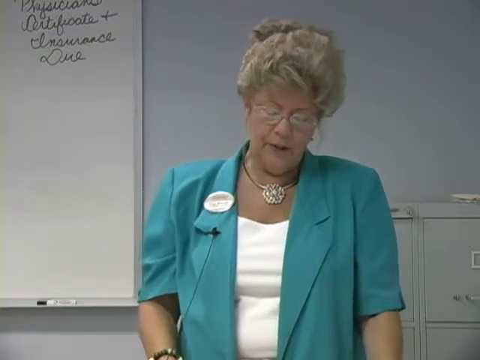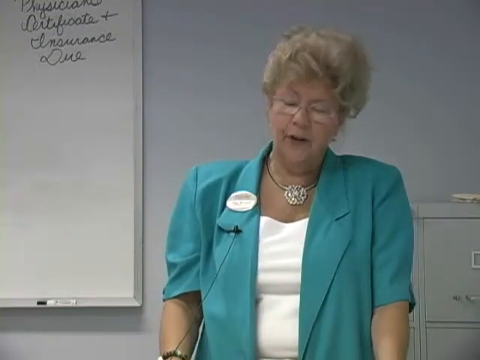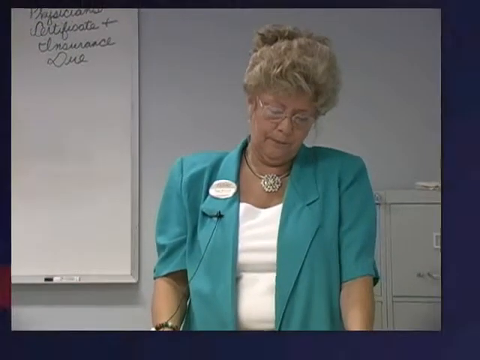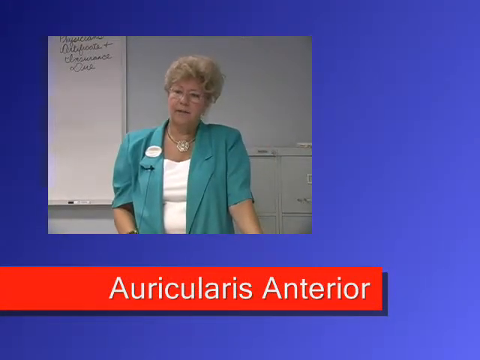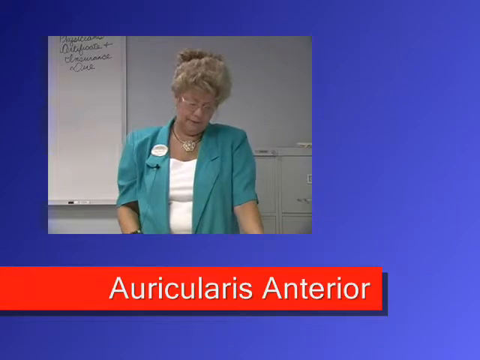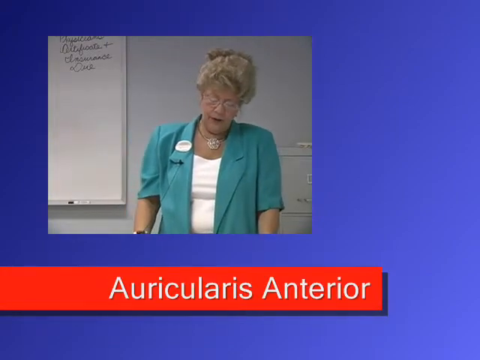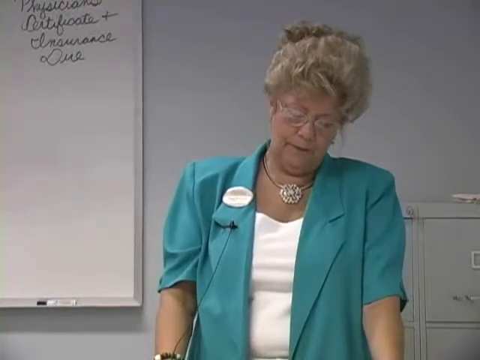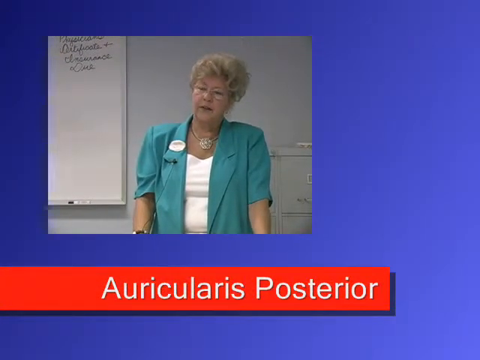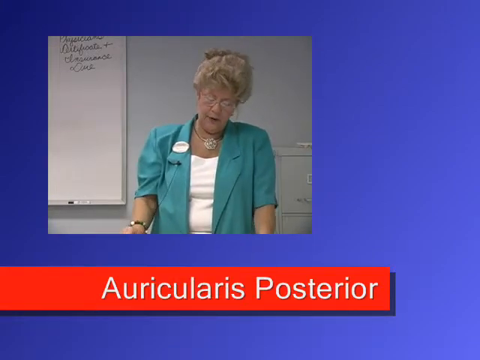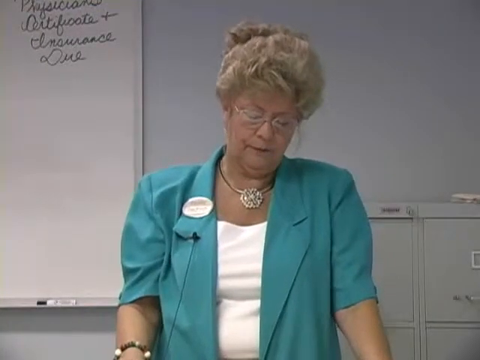So Auricularis Superior is a muscle above the ear that draws the ear upward. The Auricularis Anterior, and what does anterior mean? In front of. It's the muscle in front of the ear that draws the ear forward. Auricularis Posterior. What does posterior mean? Behind. It's the muscle behind the ear that draws the ear backwards.